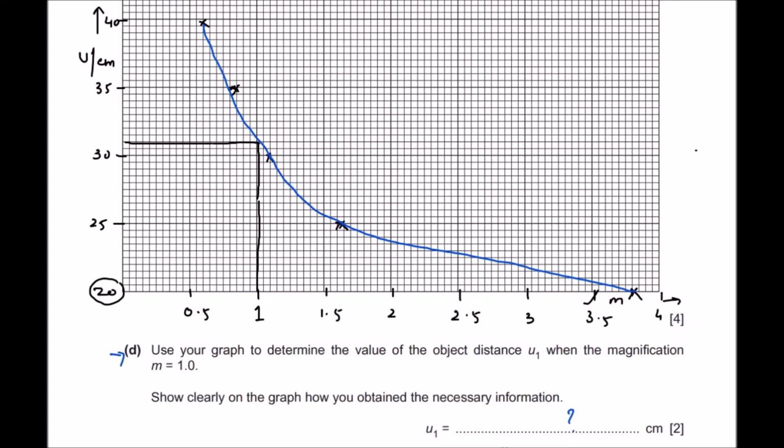So first you draw a line from 1 till it intersects the graph at this point. Then draw a horizontal line and you can read the value of u1 from this axis. When you read from here, this is 30, then 31. So you can write here the u1 is 31 centimeter.